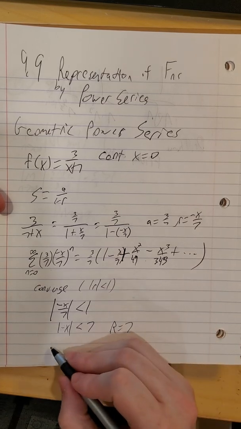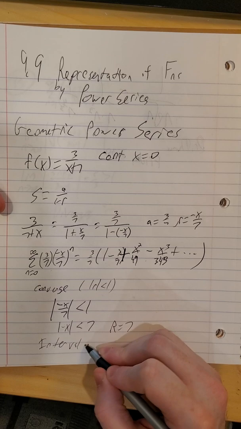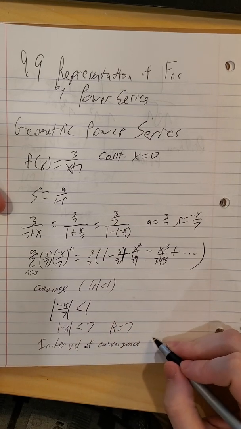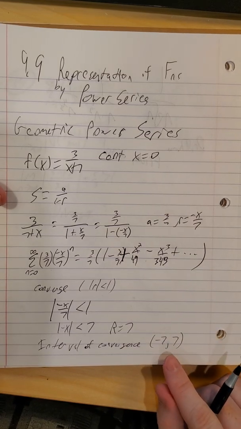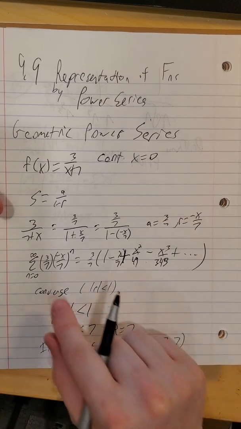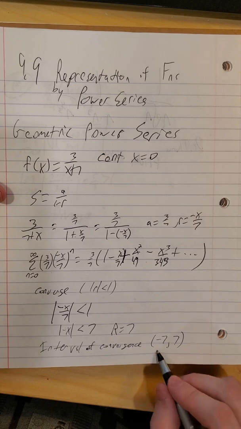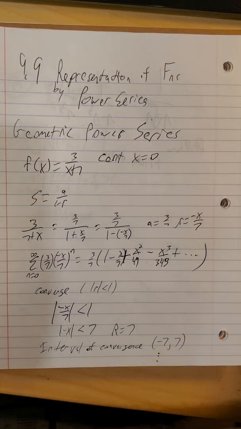We're centered on x equals 0, so our interval of convergence is at least -7, 7. To actually test out the endpoints, plug them in, see if they work. I'll let you handle that part of the problem.